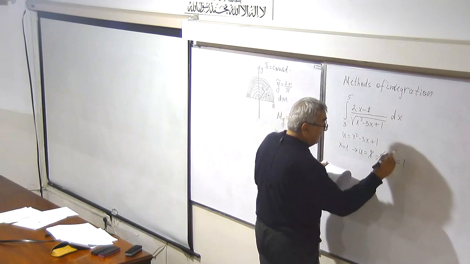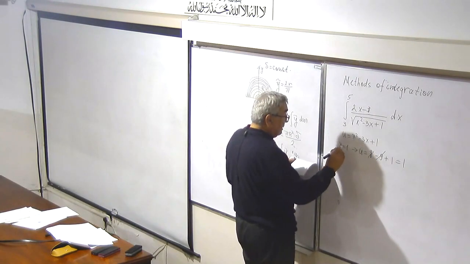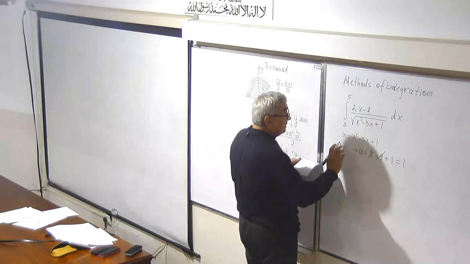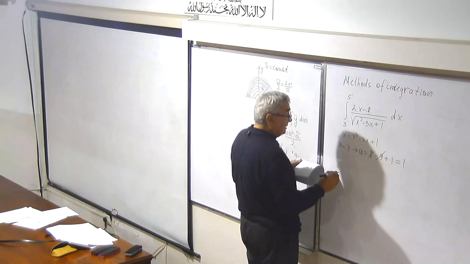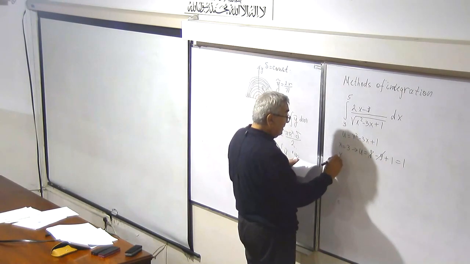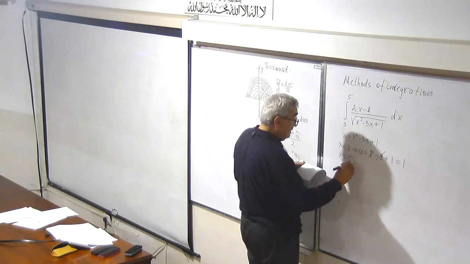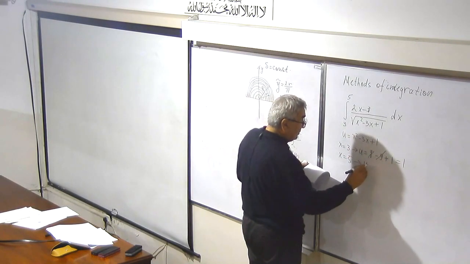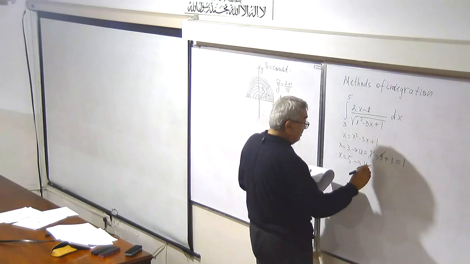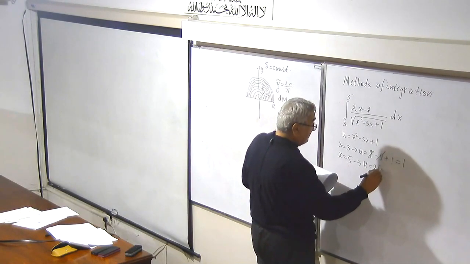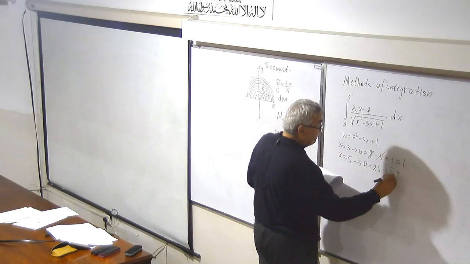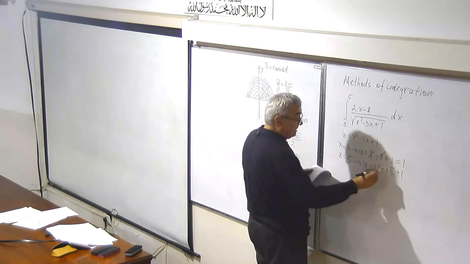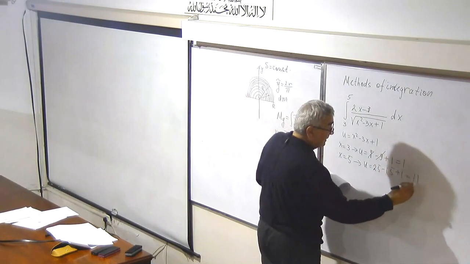That means the lower limit is 1. Now x equal to 5. What will u be? U should be equal to 25 minus 15 plus 1. This will be 10, that means you receive 11.